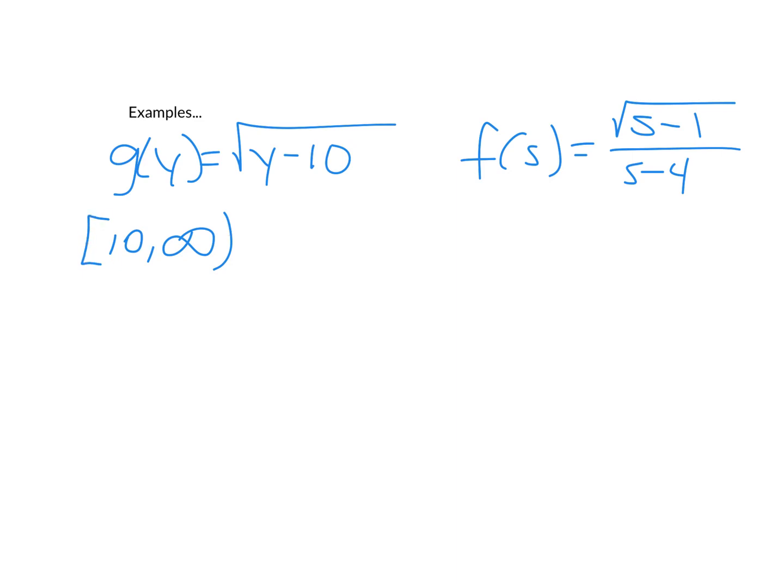Now for this other one, we got the square root of s minus 1 divided by s minus 4. Two things going on, right? 4 makes the denominator 0, so we can't include 4. s cannot equal 4, and also s must be greater than or equal to 1.